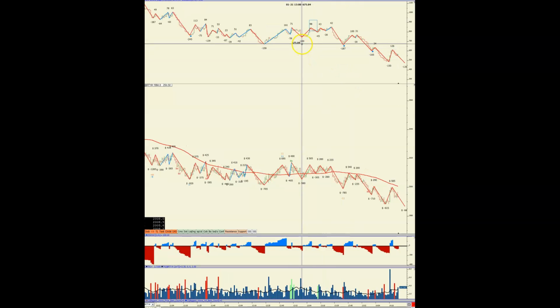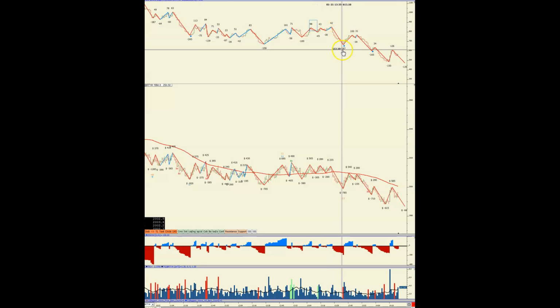So I wait, and then I look at the pullback. 45 decline, up 43, next 30 decline, up 42. Nothing too crazy. But I notice all three advances are less than this decline of 100. That's not a good sign. In any way, it doesn't mean much until the break happens.